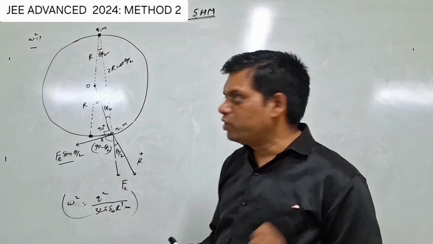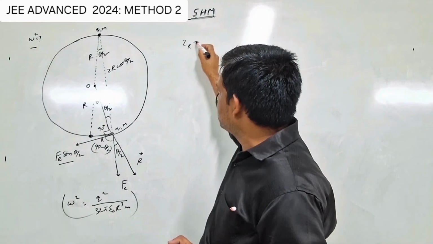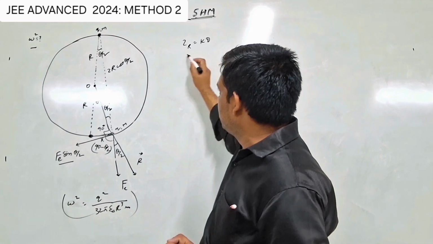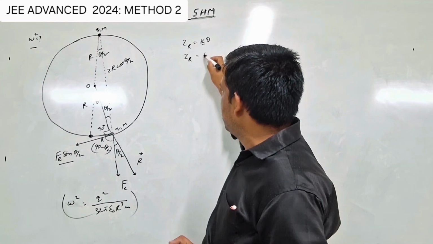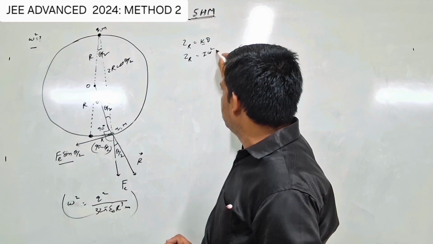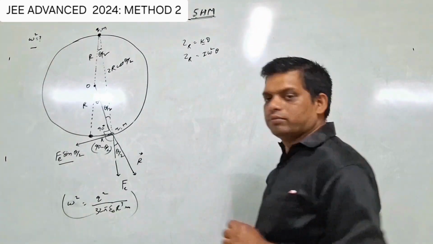For angular simple harmonic motion, the restoring torque can be given as k theta, and here the restoring torque is equal to I omega square theta.